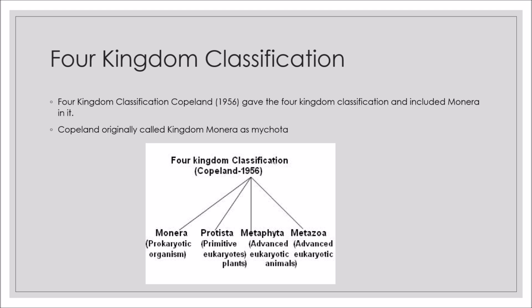So those are called advanced organisms. Advanced eukaryotic cells are put under Metaphyta. And finally, advanced eukaryotic animals are put under Metazoa. So this is the four kingdom classification.